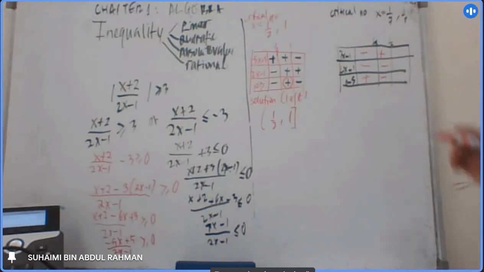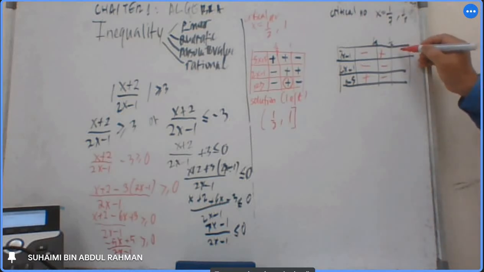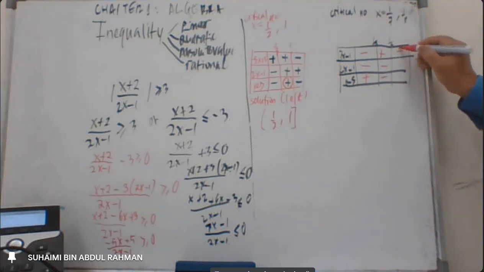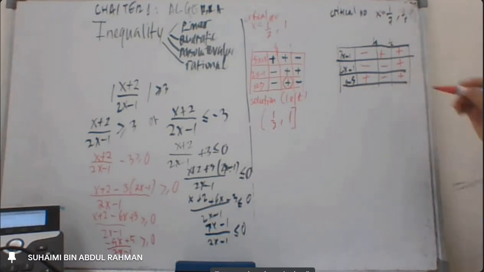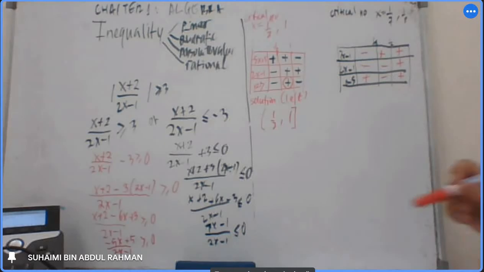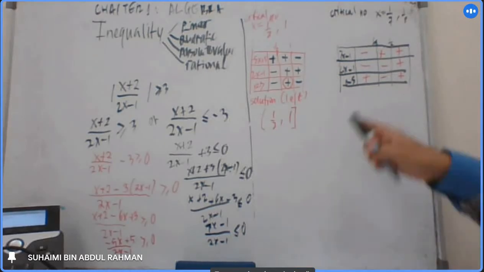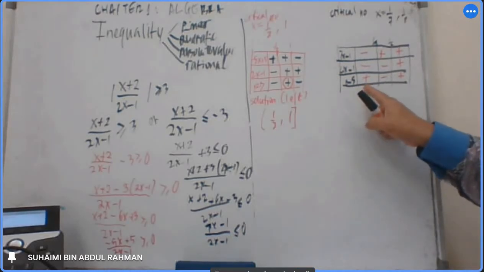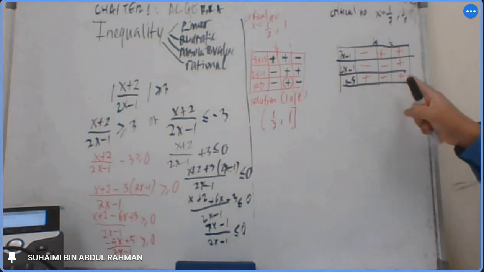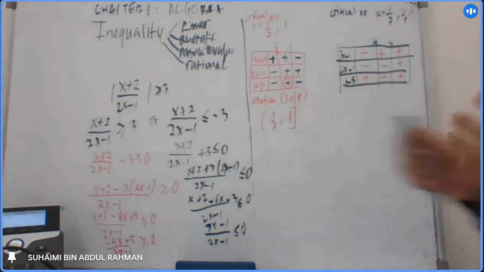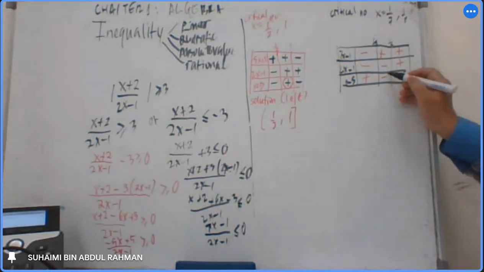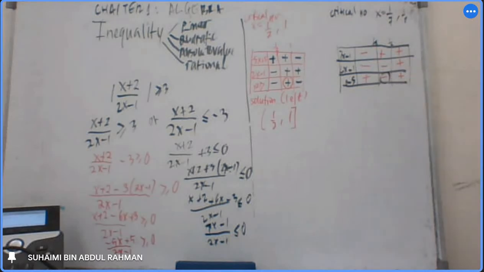More than 1/2, all positive: positive. Now, which one do we want to select? We have positive, negative, positive. The sign here is less than 0, negative.